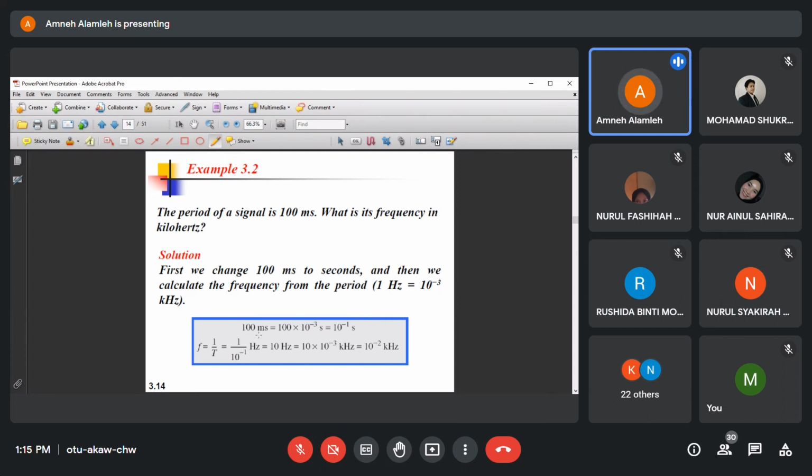So at the beginning, we change milliseconds to seconds. How? 100 milliseconds multiplied by 10 to the power minus 3 equals 10 to the power minus 1 seconds. You know the rule, when we multiply the powers, we sum the powers.